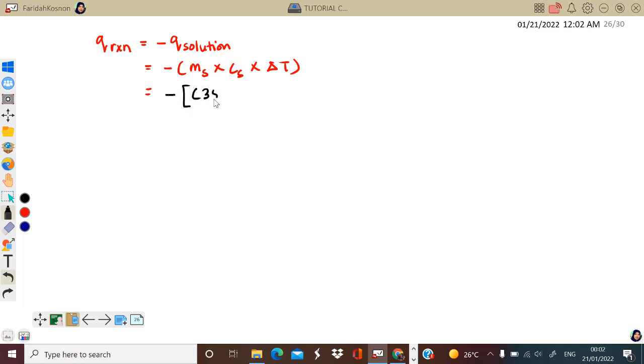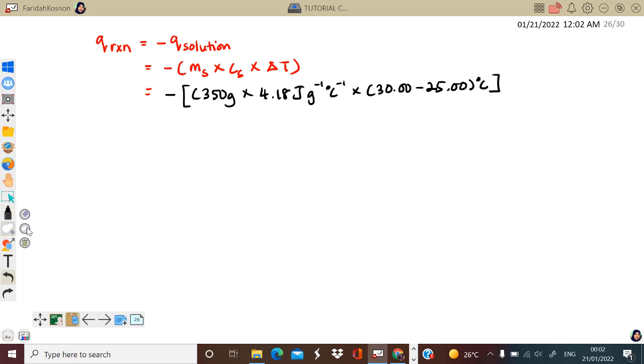This one is 350 gram times 4.18 joule per gram per degree Celsius, okay, times delta T. Okay, delta T tu you boleh tunjuk lah kat sini kalau nak tunjuk kan. 30.00 minus 25.00 degree Celsius. Okay, tutup kurungan. Alright, yang ni tak ada kurungan pun tak apa ni.